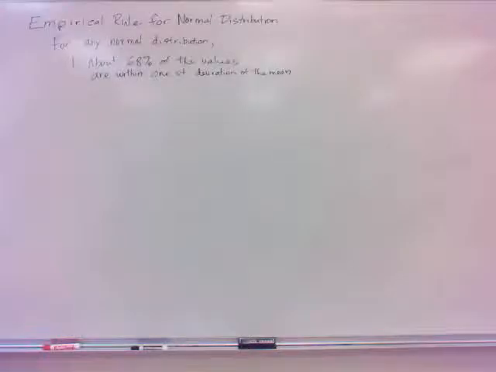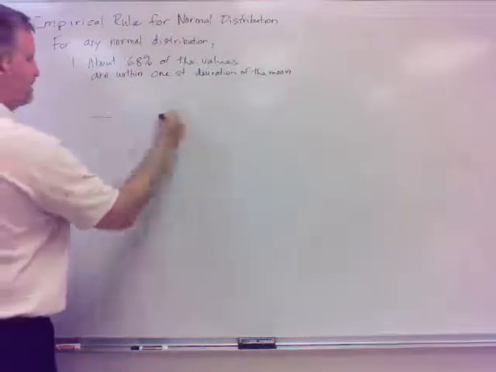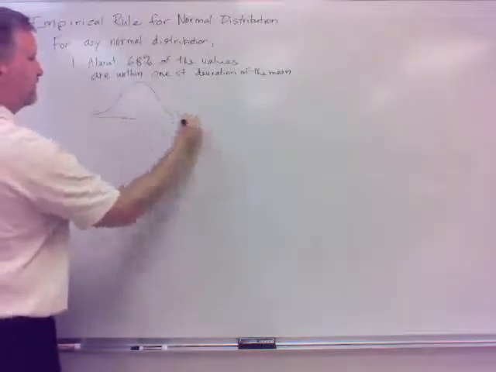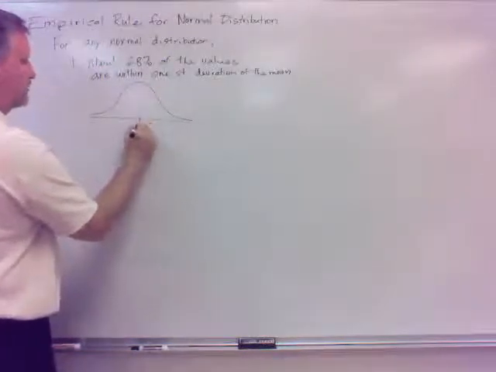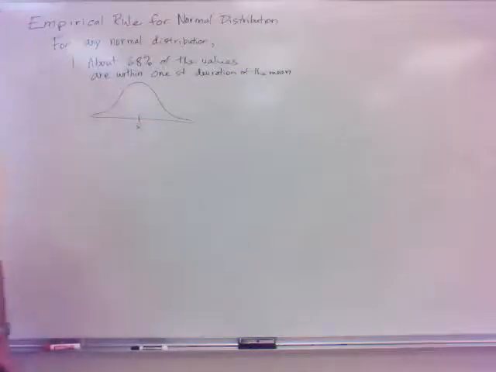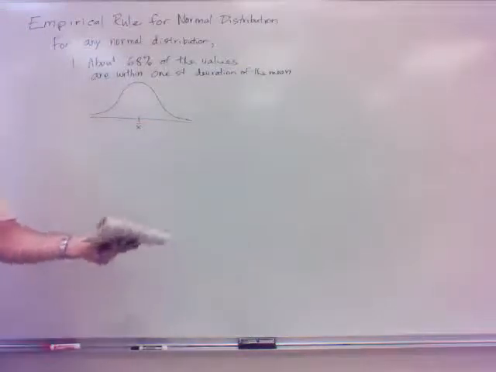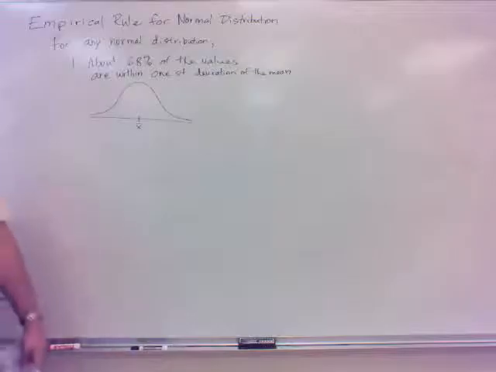What that means, if you look at the picture, is if I take my bell curve and my mean, and what's the usual letter for standard deviation? S. Say my standard deviation is S.